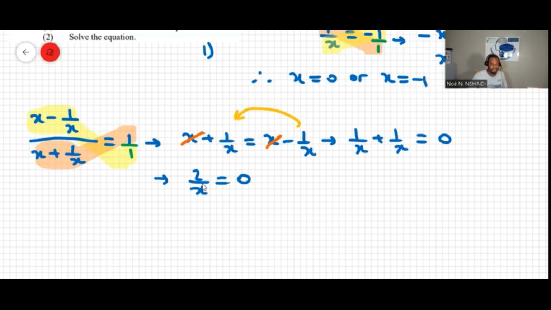This expression is possible only if x is infinite, because dividing by infinity is 0. The rule says that any number divided by infinity is equal to 0.